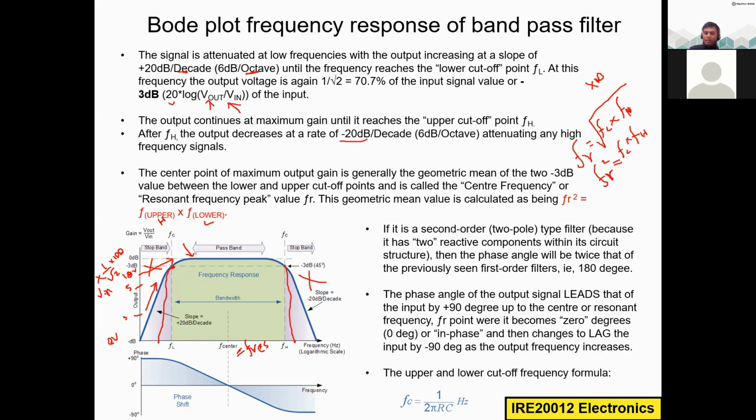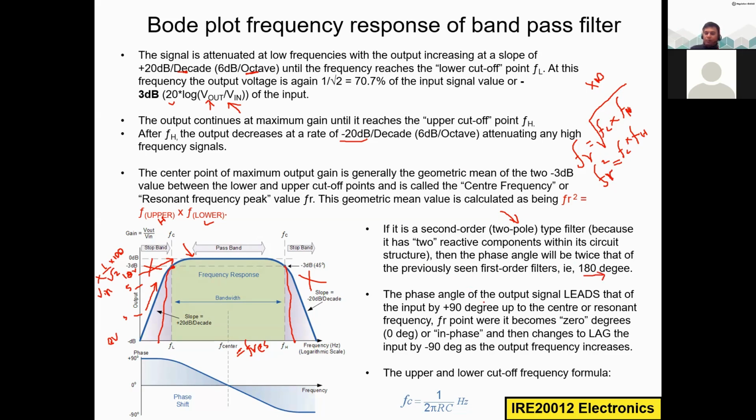If it's a second order filter, it means 2 poles. We have 2 stages of the band pass filter. Because it has 2 reactive components within its circuit structure, the phase angle will be twice that of the previously seen. For the first order filter, of course, you are getting a 90-degree phase shift, and if you use the second order filter, then you will get this 180-degree phase shift.